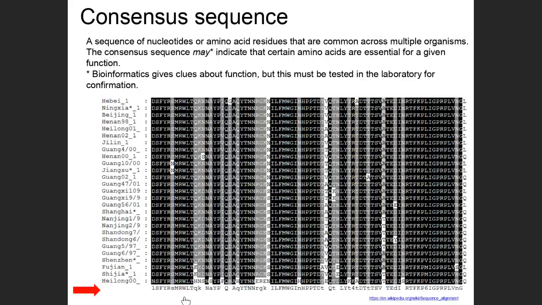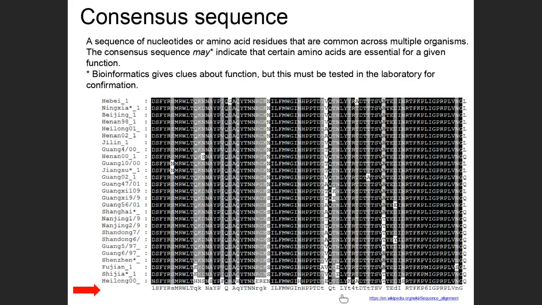PCR is a lab technique, and if you're going to pick up any strain, you would design primers for the parts that they all agree. And if you want to do something that is specific, then you would want to do primers where they differ and you're looking for a specific one. So more on this on homework.